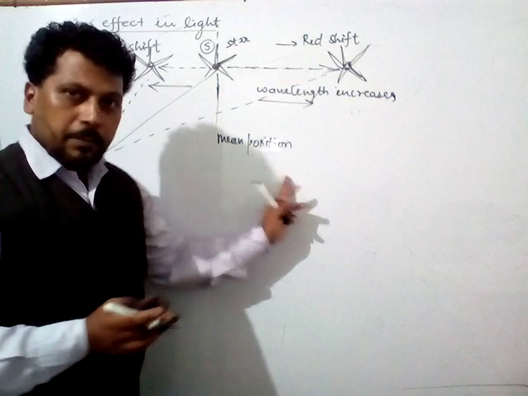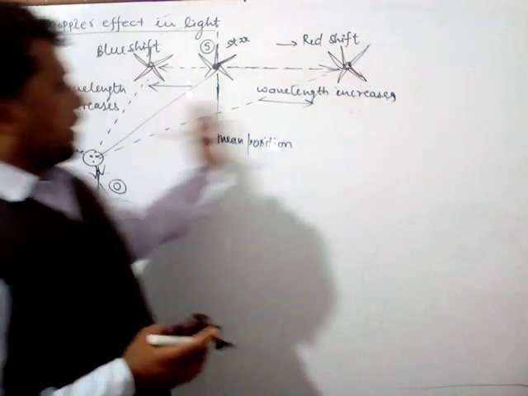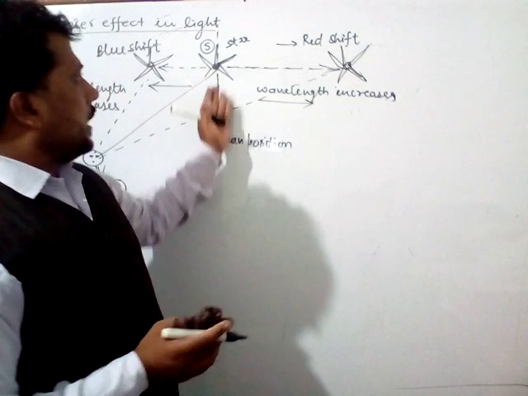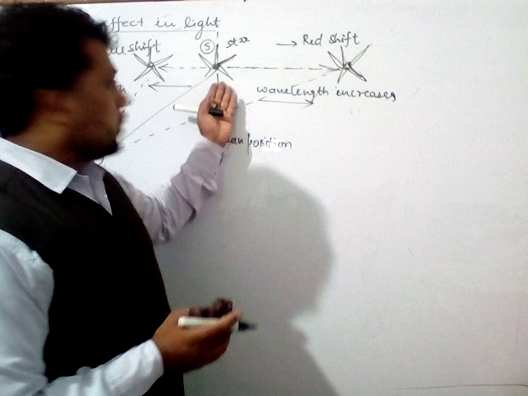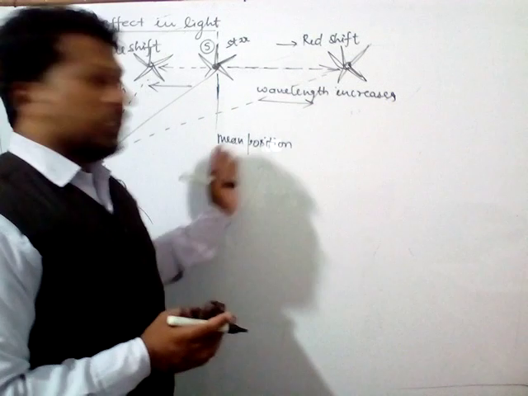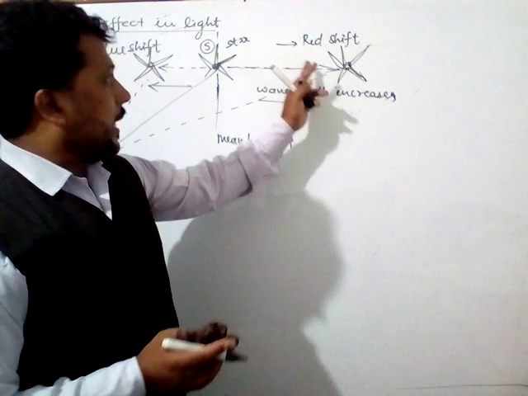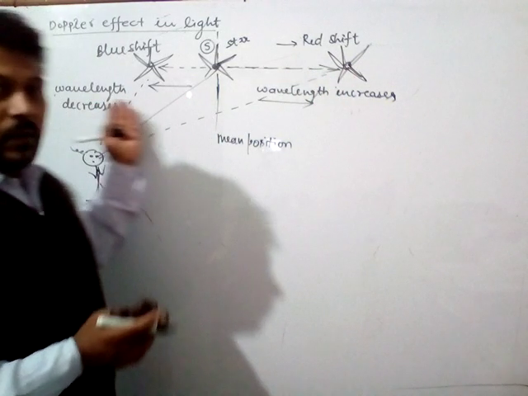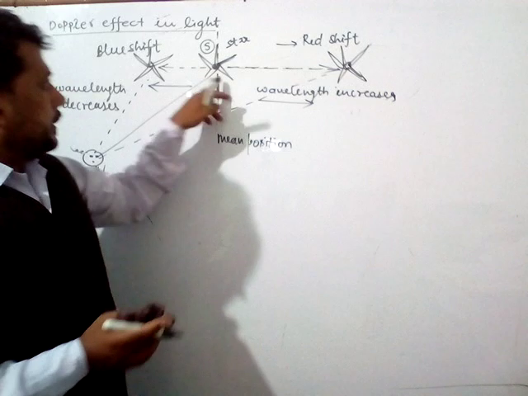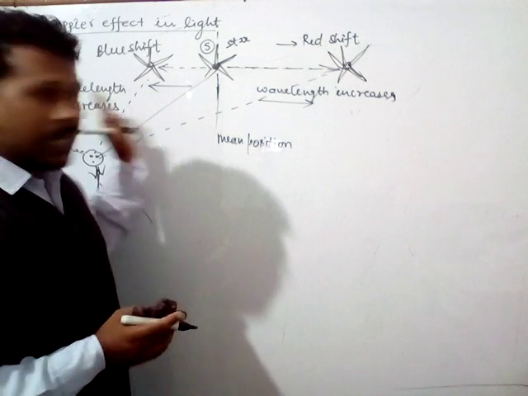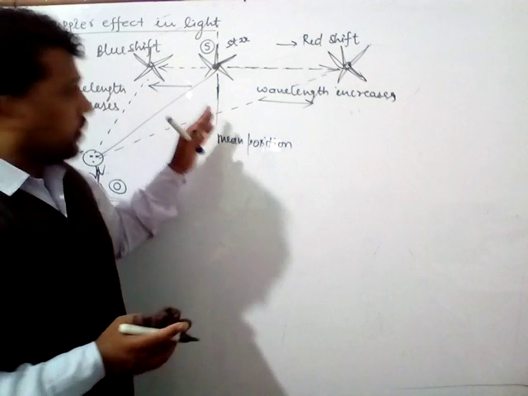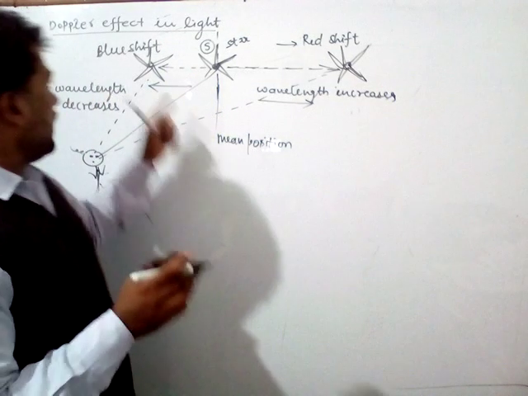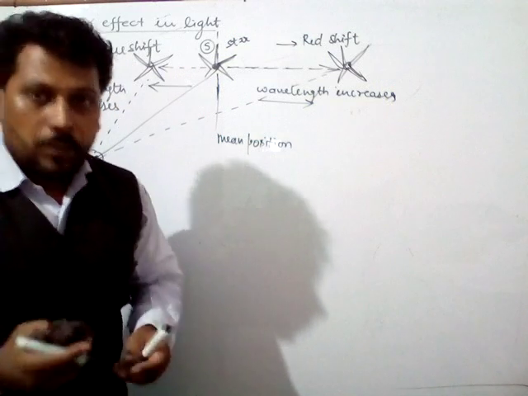Here this is the mean position, and whenever the wavelength increases, or the source shifts rightward with respect to its mean position, it is known as redshift. And whenever a decrement of the wavelength is formed, or the source shifts towards the back or left side, the wavelength decreases, and this is known as the blue shift.